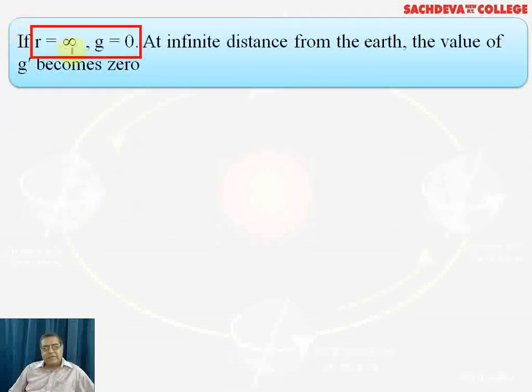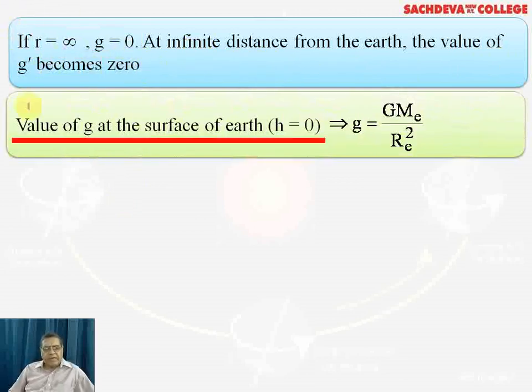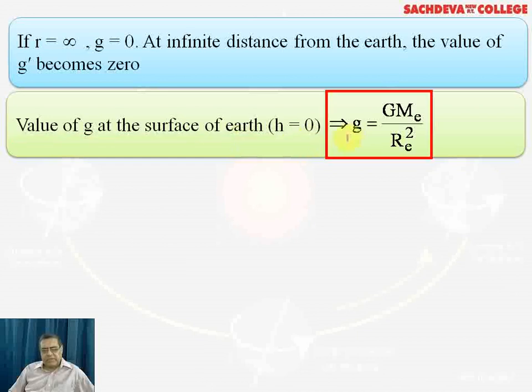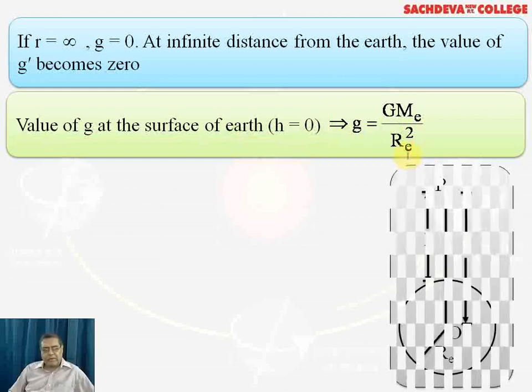And if R is infinity, G will be 0 at infinite distance from the Earth. The value of G dash becomes 0. The value of G at the surface, where H is 0, is G equal to G ME over RE square, where M is the mass of Earth and RE is the radius of Earth.